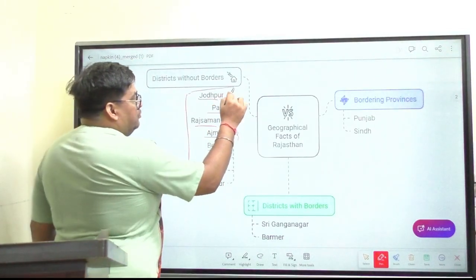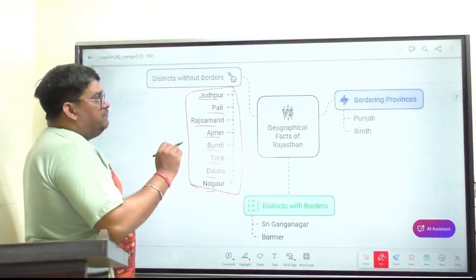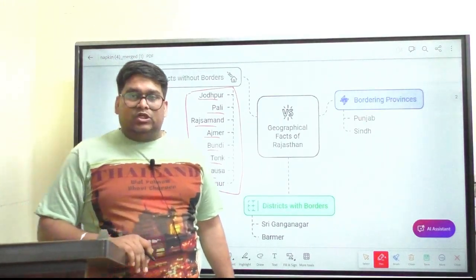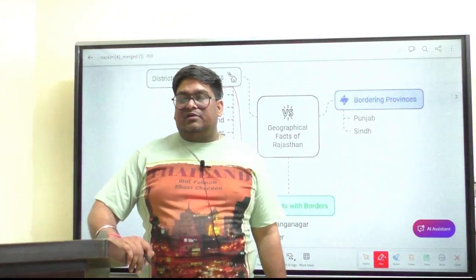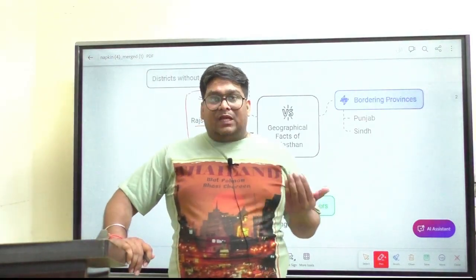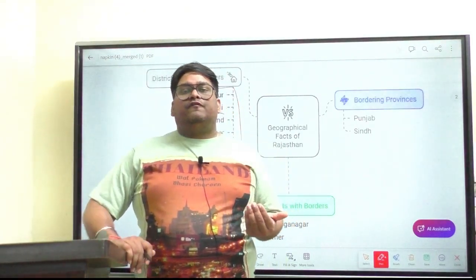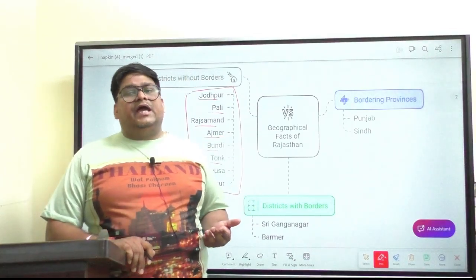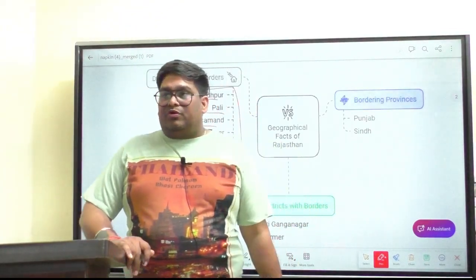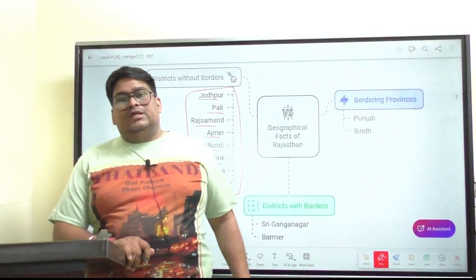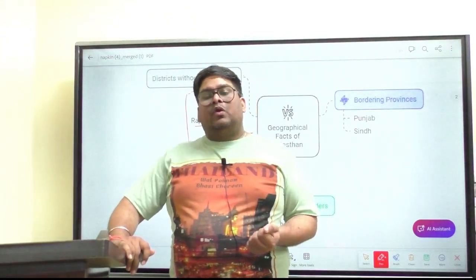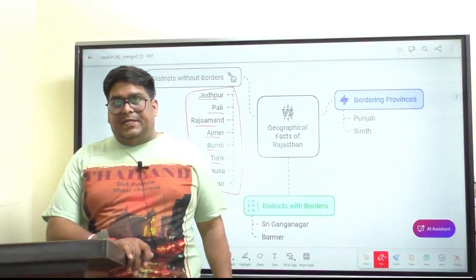If you look into that map, you will familiarize yourself that these districts do not touch the border of other states, and they don't have international borders either. So they do not have a border with any other nation or any other state of India.